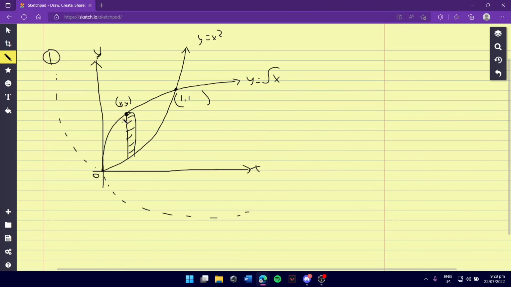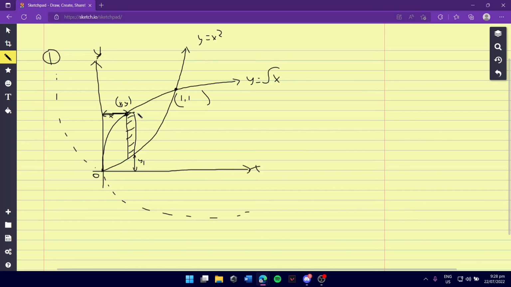So next, from the y-axis, the origin, to your vertical strip, this is called your x. Then the height: since it has two curves, we have two heights. From this curve down to your x-axis, call this your y1.